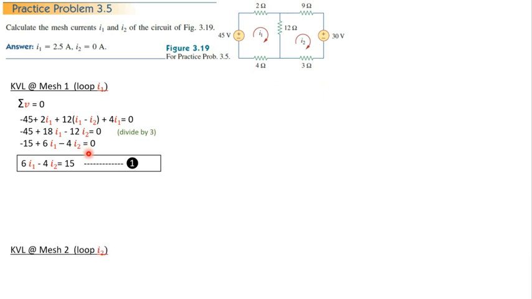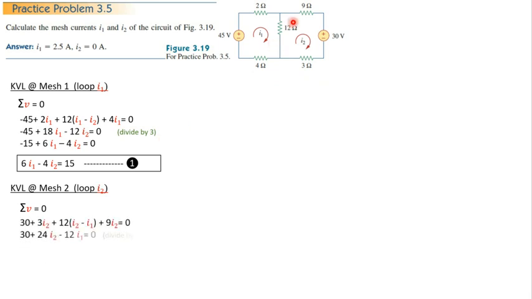our first equation. Now we can go to the KVL2, mesh 2, the second loop, and the second loop will be, as we said, everything entering the positive or the negative is the same sign. So this is entering the positive if we go this direction, so it'll be plus 30 volts, plus 3I2, plus 12 between brackets I2 minus I1.